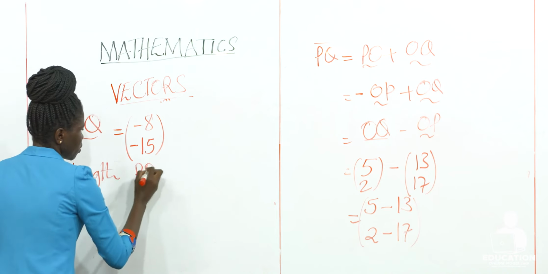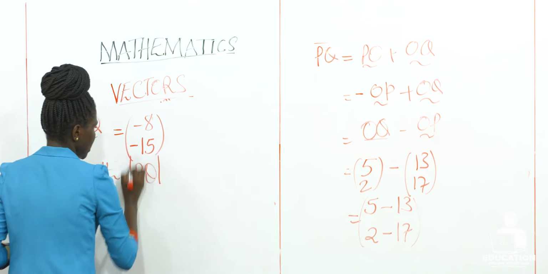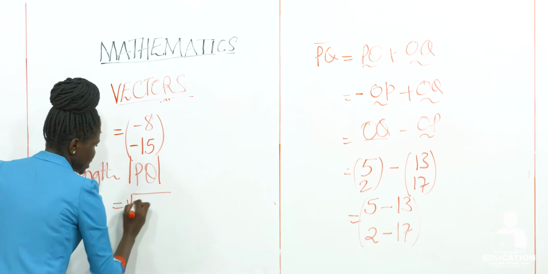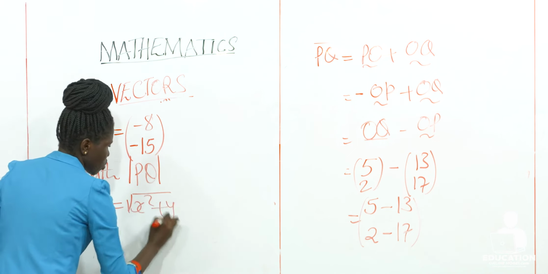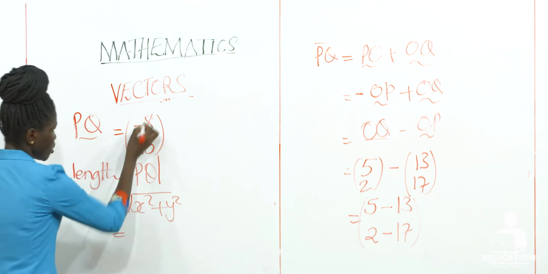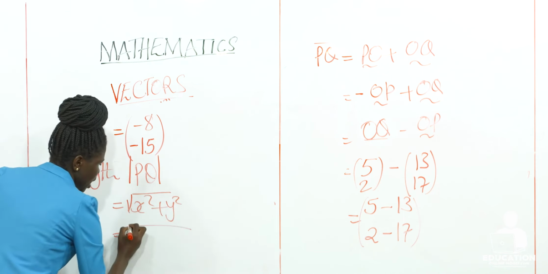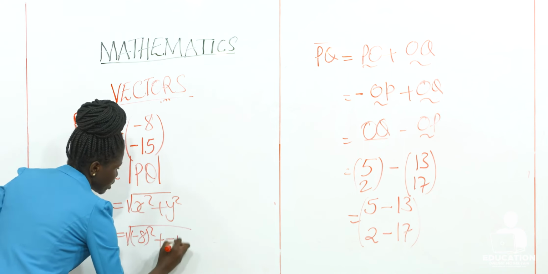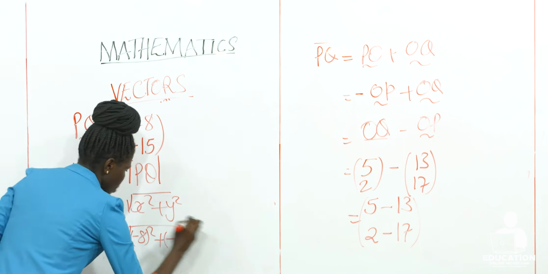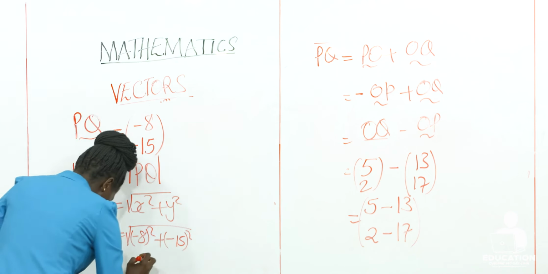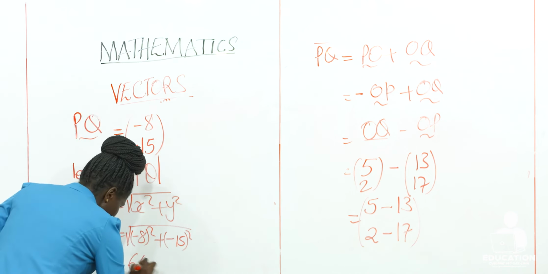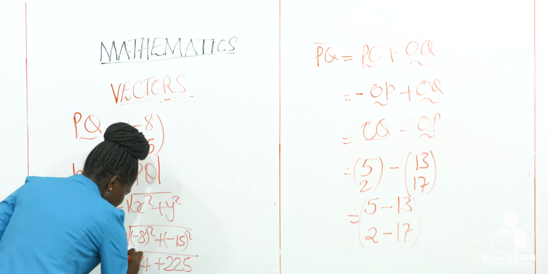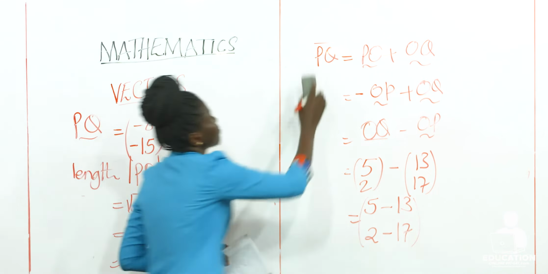So if we are to continue and find the length of PQ, which is denoted by this sign, we are simply going to say to find the length, remember it is x squared plus y squared, all under a root. So here we are going to just have these values, and the root we shall have negative 8 squared plus negative 15 squared. When you work this out, you will have 64 plus 225, all under a root.